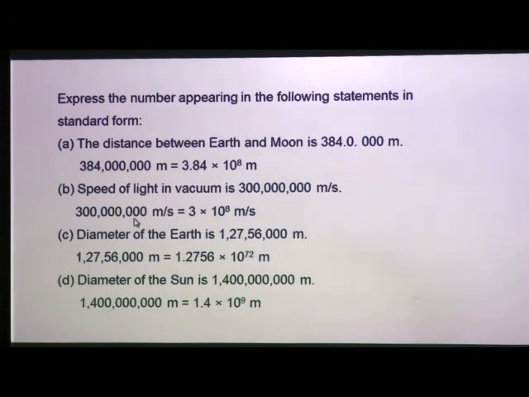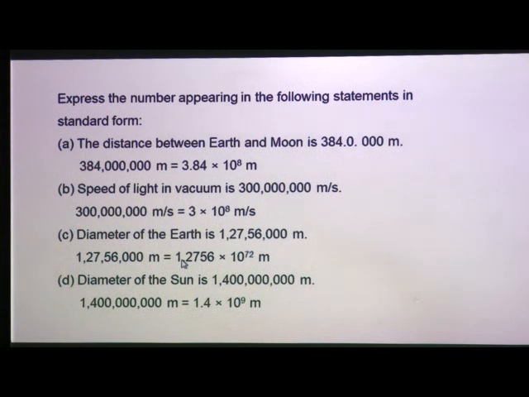Now, the diameter of the earth is given as 1 crore 27 lakh 56,000 in meters. Now, how to write this? Since we have a number, you know how to write it as 1.2.